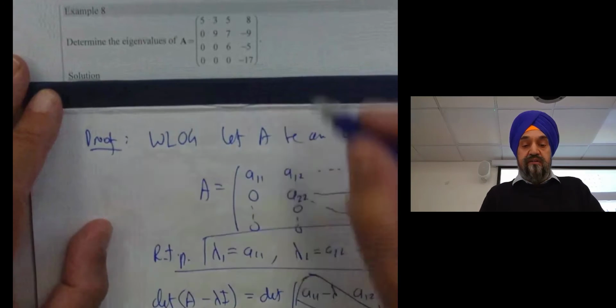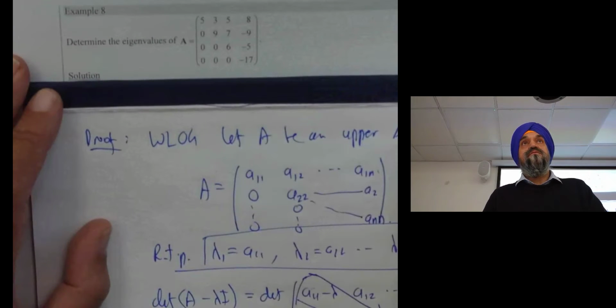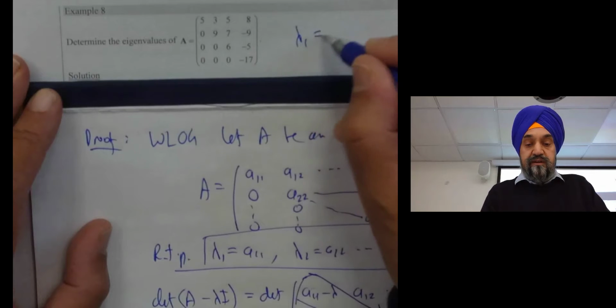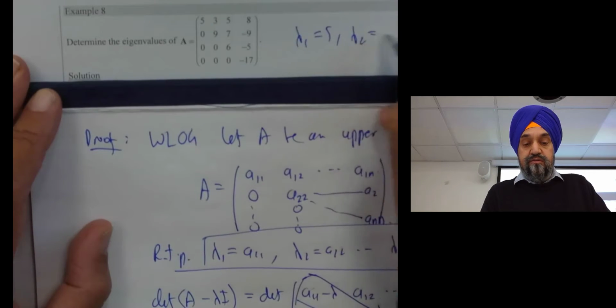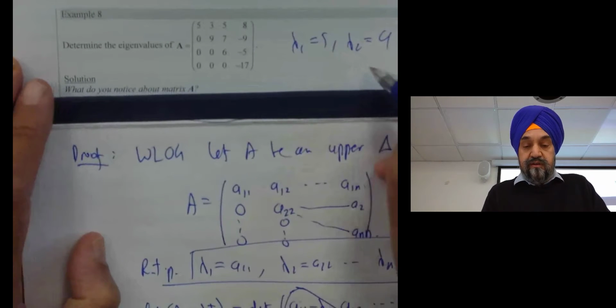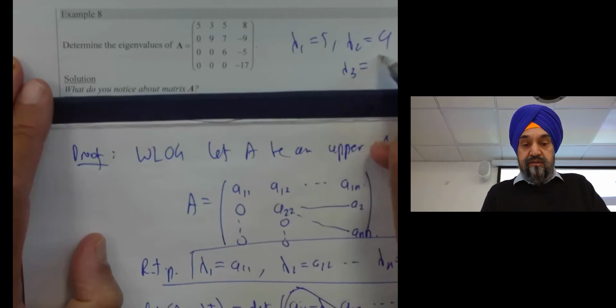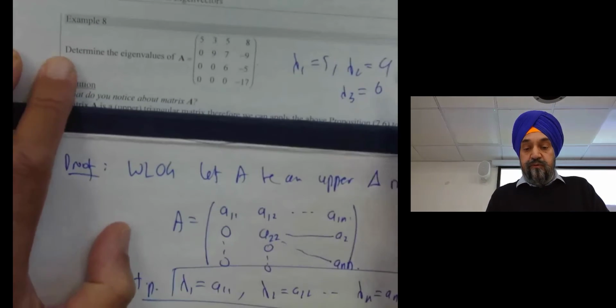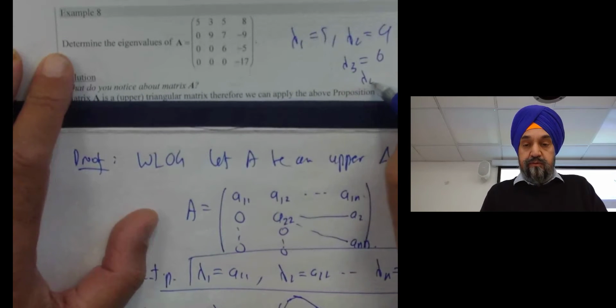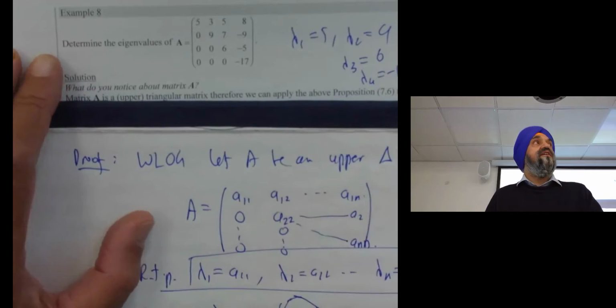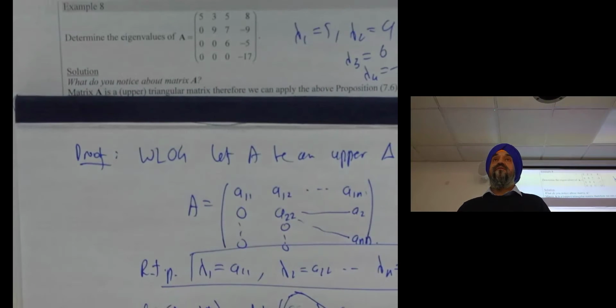So what are the eigenvalues? Lambda 1 is 5, lambda 2 is 9, lambda 3 is 6, and lambda 4 is minus 17. It's the entries on the leading diagonal, that's what they are.